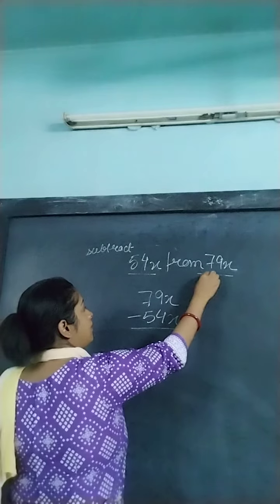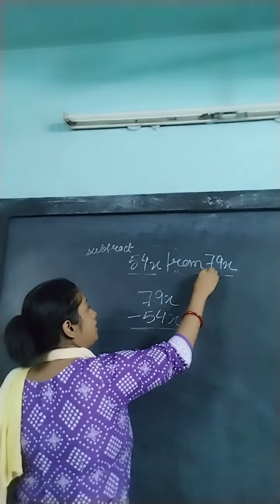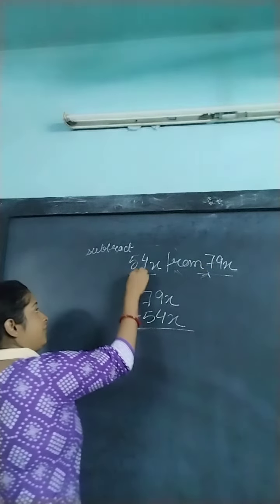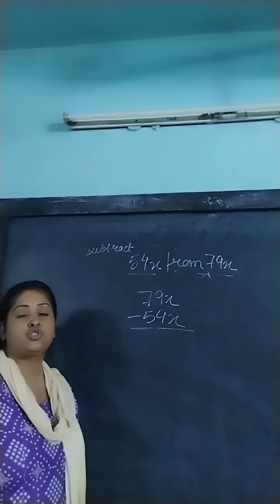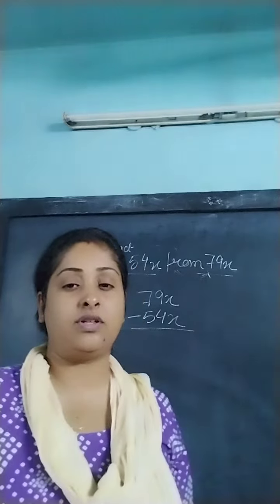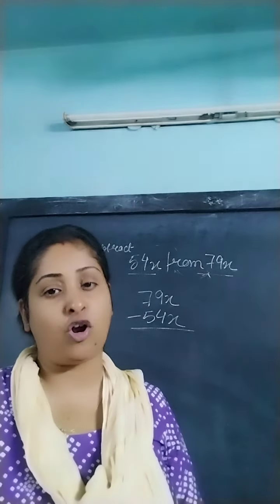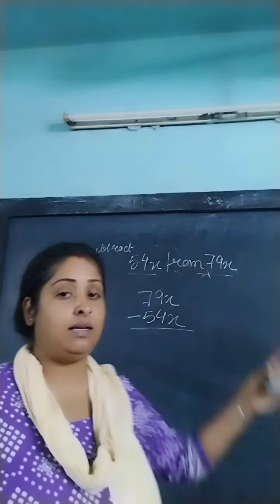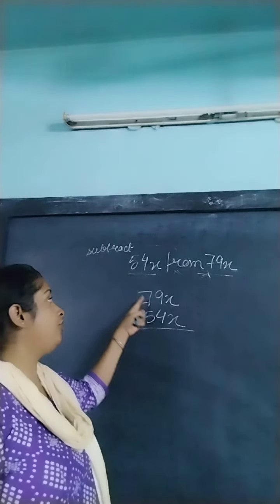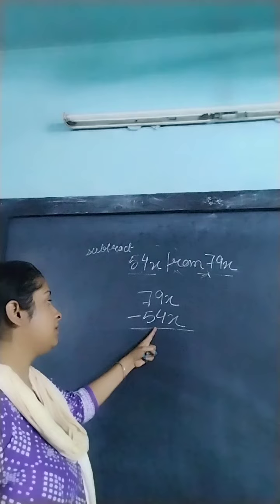From means this one is the bigger number. So from this number you have to subtract 54x. Mostly, whenever you do subtraction, you do the reverse thing. So please be careful while doing the subtraction. When it is given to you that subtract something from something, the latter one we will write first, and the former number we will write second.